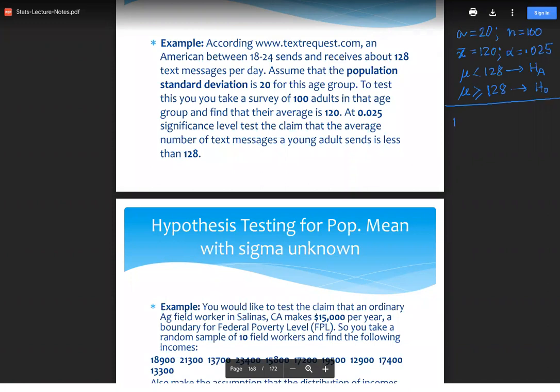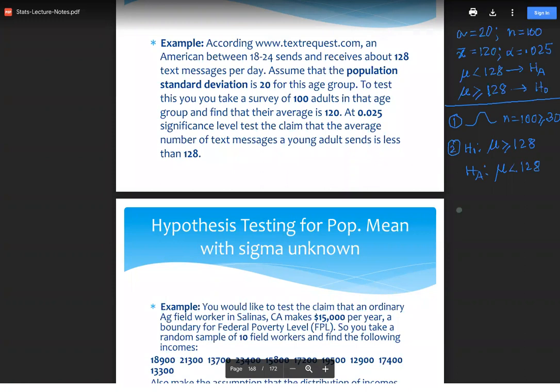So number one, normality condition, bell shape, right? N is equal to 100, which is greater than or equal to 30, so you're good. Number two, null hypothesis. Null hypothesis is mu is greater than or equal to 128, and your alternative hypothesis is mu is less than 128.